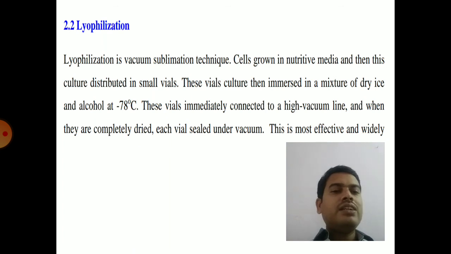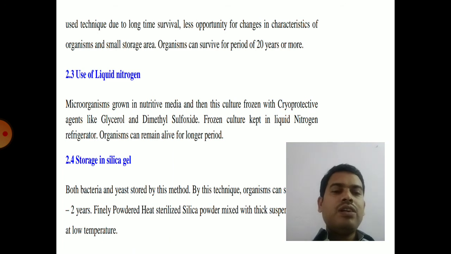The vials are immediately connected to a vacuum line, completely dried and sealed under vacuum. So this is called lyophilization or freeze drying technique. You can store the microorganisms up to 20 years by using this freeze drying method.